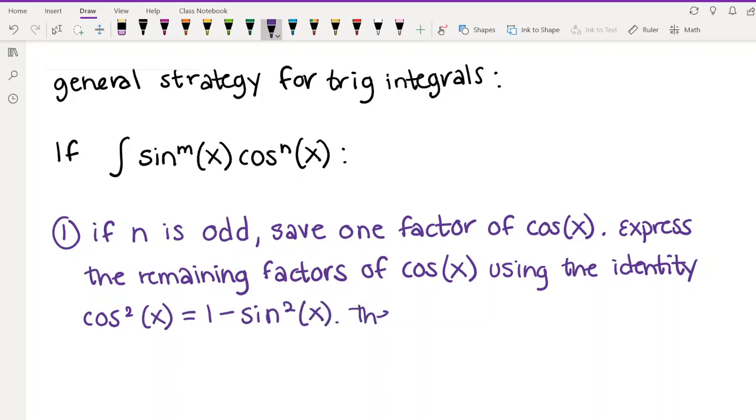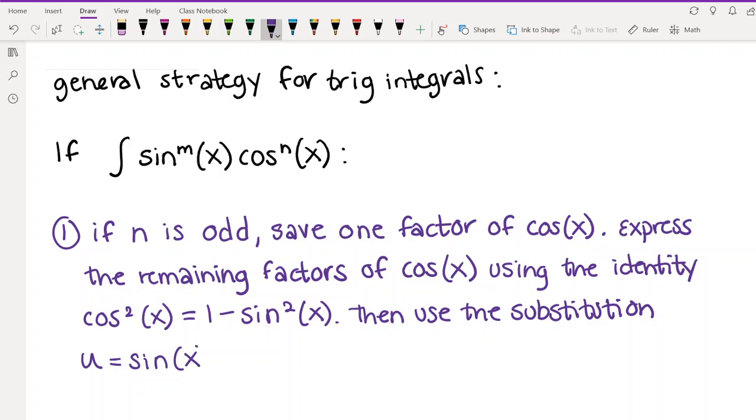And then you're going to use the substitution u is equal to sine of x. Because basically you're translating everything in terms of sine of x, so it makes sense to use that substitution.